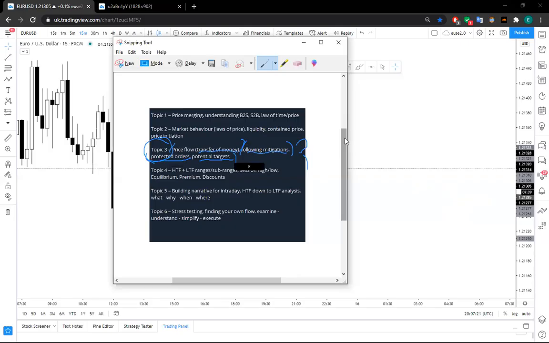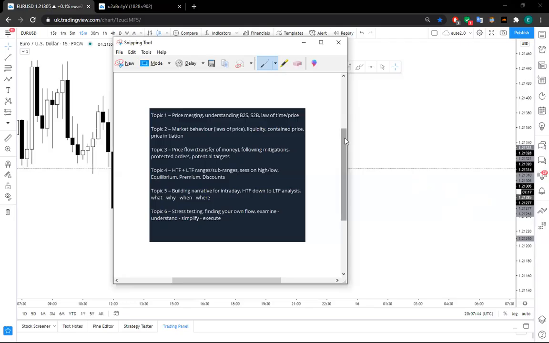So today you can get a better understanding of what price flow is and following mitigations, protected orders, and potential targets. So what is price flow? What do we see? What do we define when we say price flow?